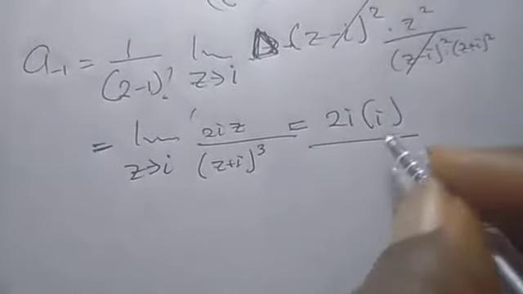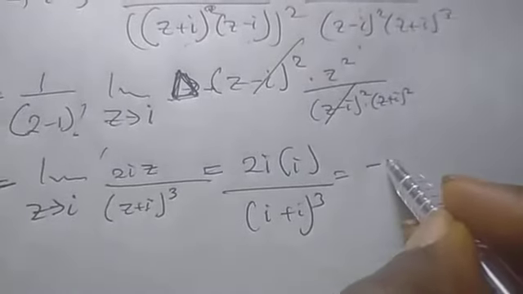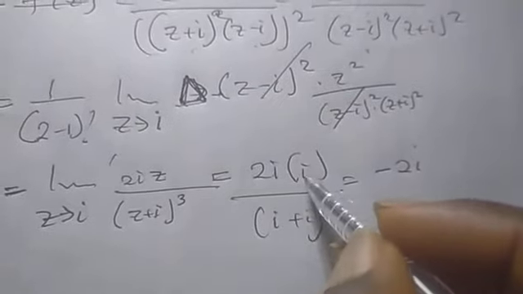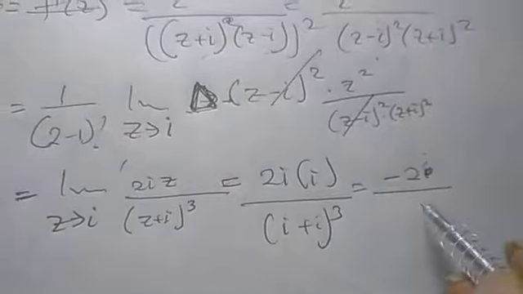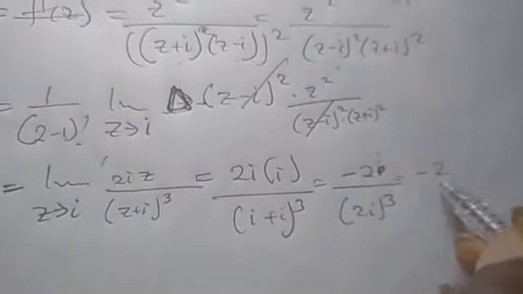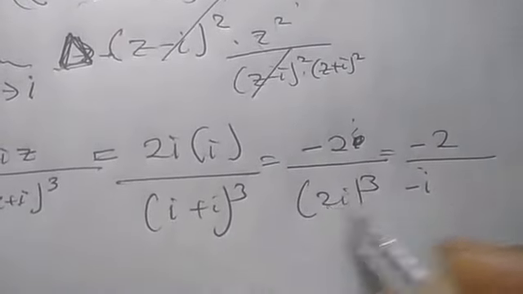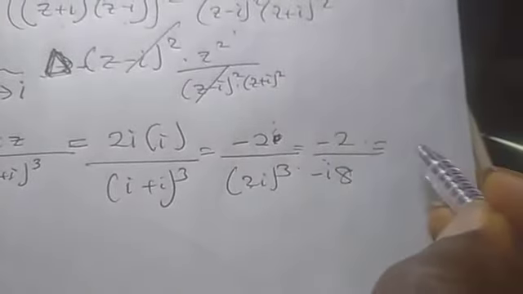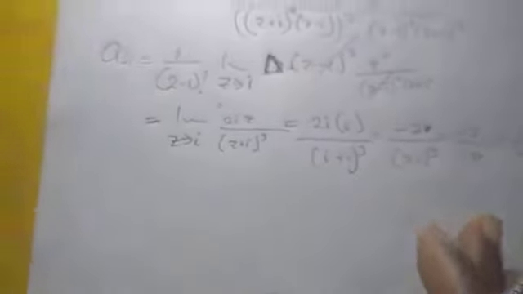So this is i into (i plus i) cubed, and this will give me minus 2, because i times i is i squared. This one too will be 2i cubed, so this will be minus 2 over 2i cubed, which is minus i, and 2 cubed is 8. So finally we have 1 over 4i.